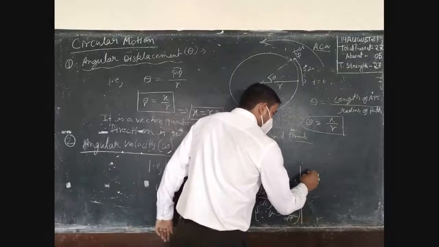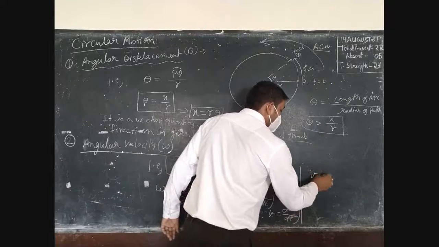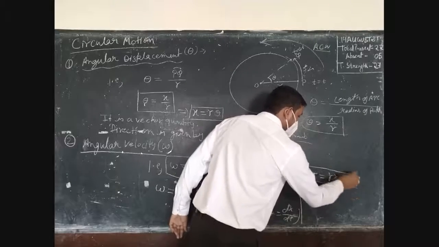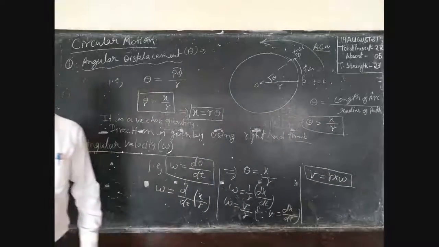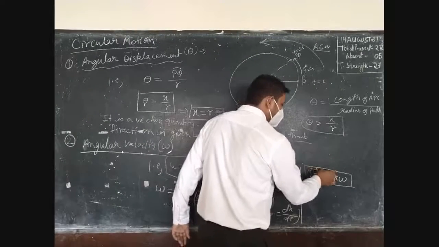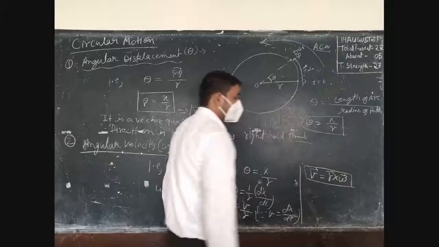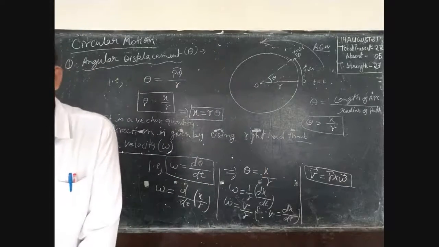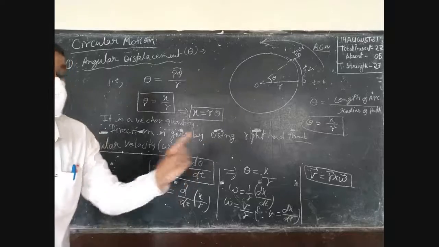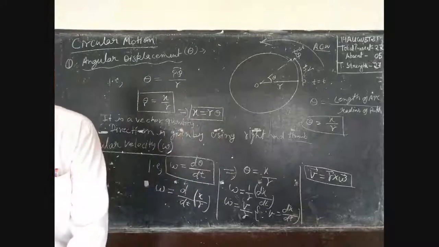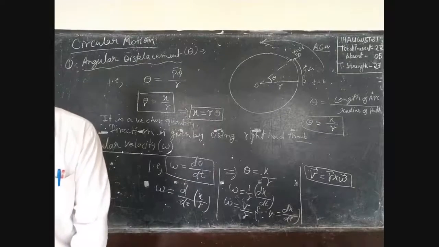Now from here we get velocity is equal to r cross omega. So in vector terms, linear velocity is defined as the cross product of the radial vector and the angular velocity of rotation of the body.